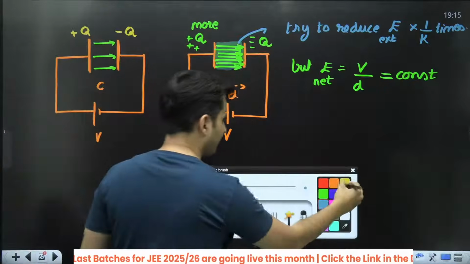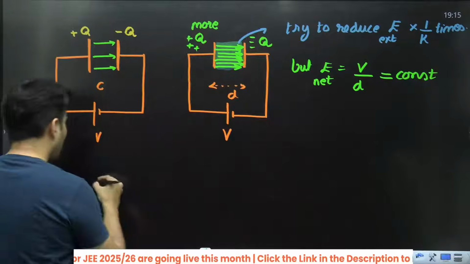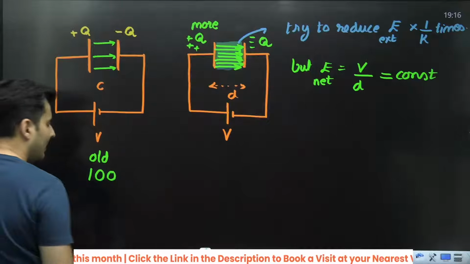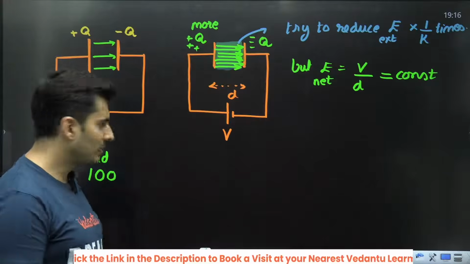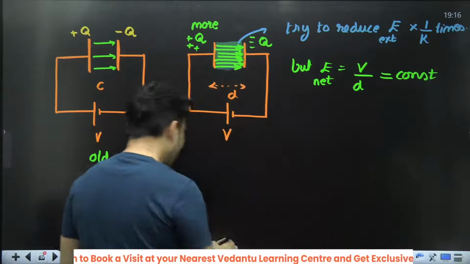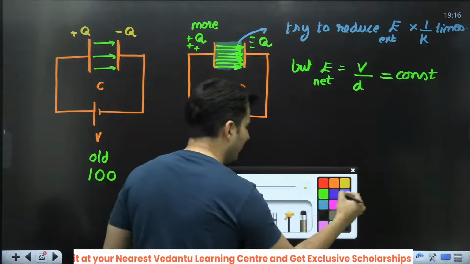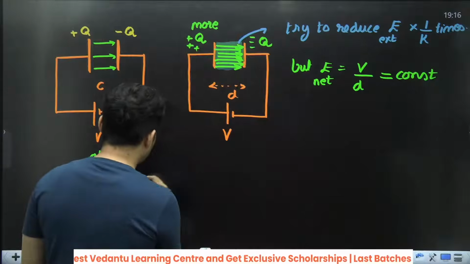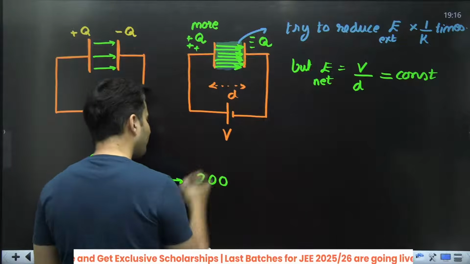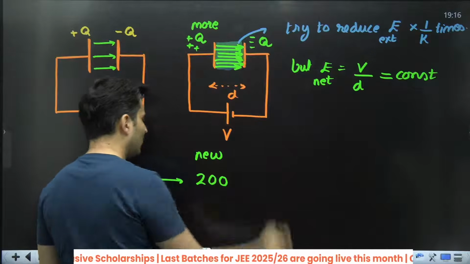It's like saying, observe it. My old field was 100. I had 100 laddus. Okay, old field was 100. I increase it to 200 laddus. Okay, these are the new laddus.